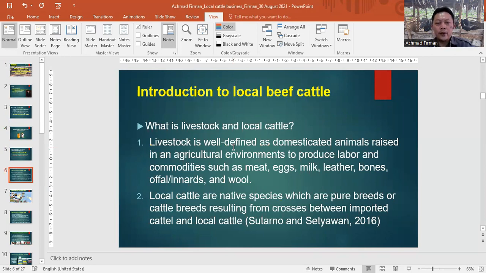What is livestock and what is local cattle? Of course, these are words with different meanings. Livestock is defined as domesticated animals raised in agricultural environments to produce labor and commodities such as meat, eggs, milk, leather, bones, offal, and also wool.